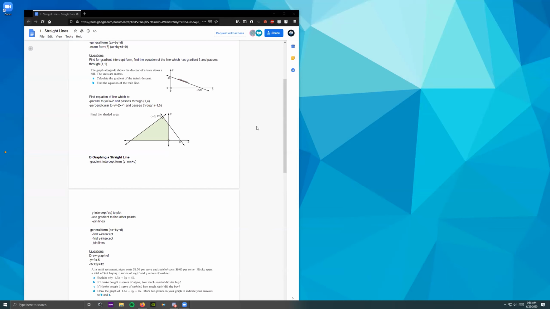So what's going on here is that to find the shaded area, you have to find this. And you also need to find this. And then with that, you can find the area of this.